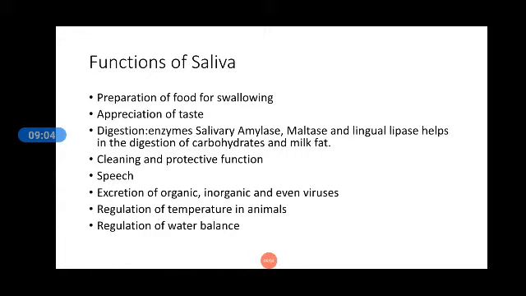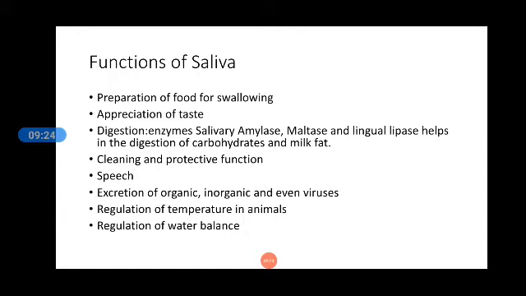The lactoferrin present in the saliva also has an antimicrobial property. And immunoglobulin IgA in saliva also has antibacterial and antiviral actions. Okay, that is the cleaning and protective function.